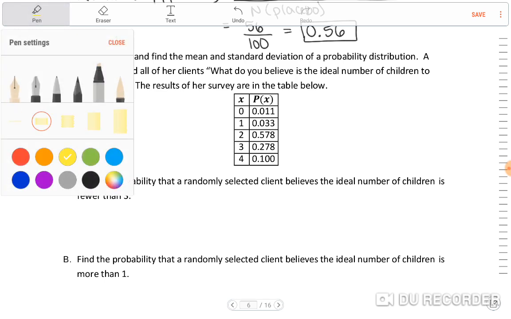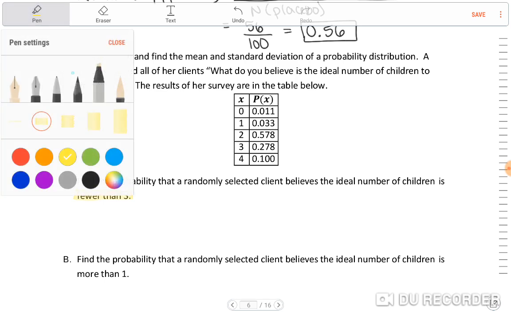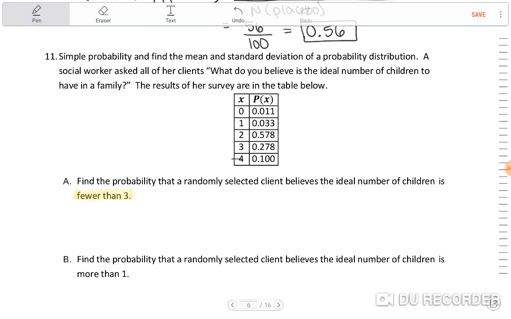Fewer than 3. All right, so fewer than 3, what does that mean in a discrete situation, right? This is discrete, right? 0, 1 through 4. This is a discrete probability distribution here. And so fewer than 3 would be 0, 1, or 2.